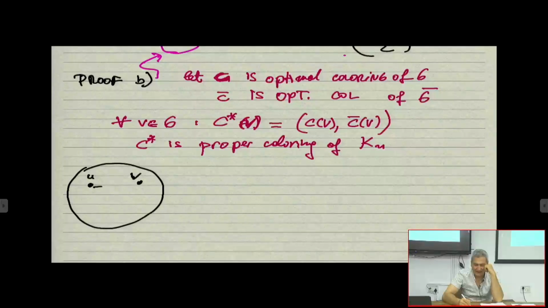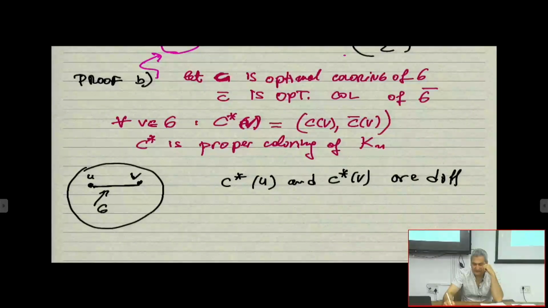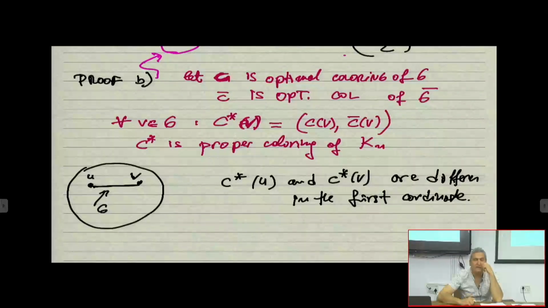If they are connected in G, if this edge is in G, then C star of U and C star of V are different in which coordinate? In the first coordinate. And then they are different.